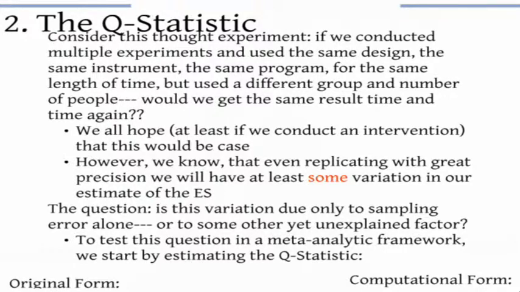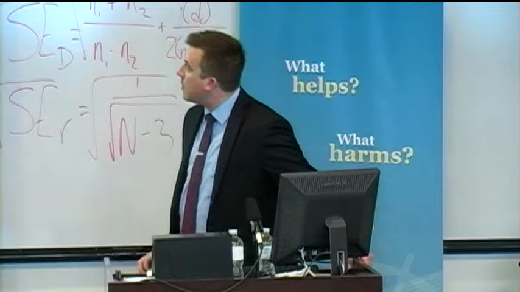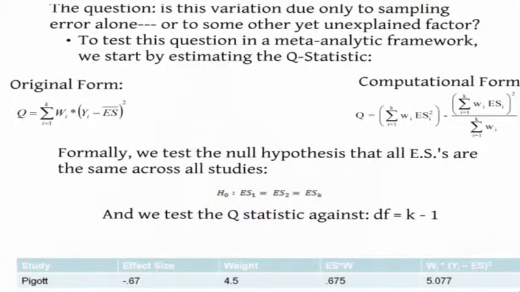And that's what this lengthy paragraph gets at, which I don't really want to get into at the moment because we're running a little bit short of time. But these are the two equations for calculating the Q statistic. On the left is the original form, on the right is the computational form, just in case you would like to calculate the Q statistic by hand. Fortunately, we don't have to do that anymore.